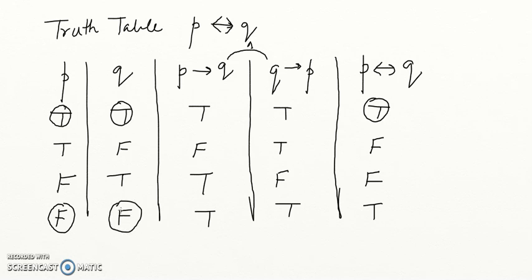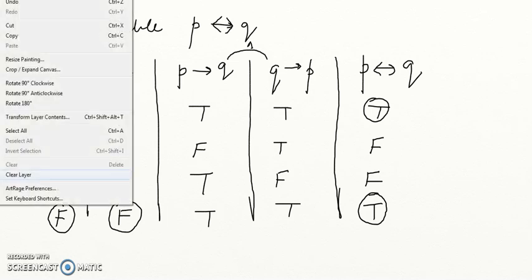So this is the truth table for the if and only if P then Q biconditional statement.